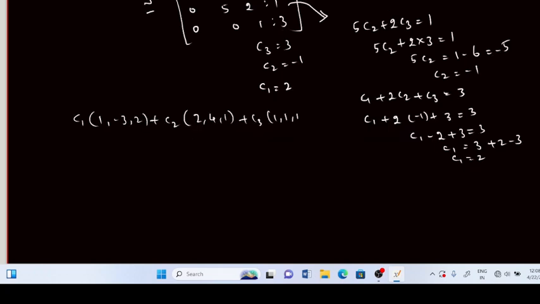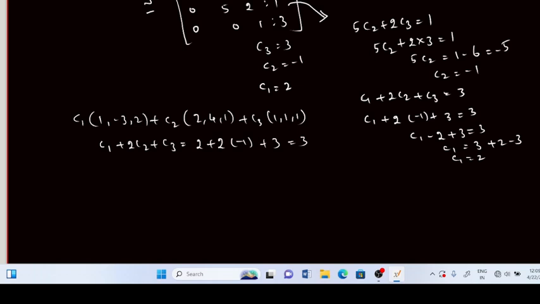Now verify with (1, 1, 1) and the others. If you multiply, we get C1 plus 2 times C2 plus C3. We substitute: C1 is 2, plus 2 times C2 which is minus 1, plus C3 which is 3. If we add, we get 3.